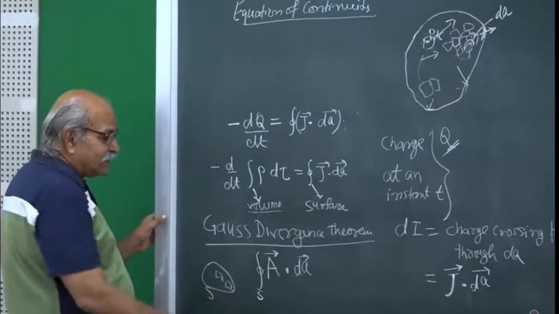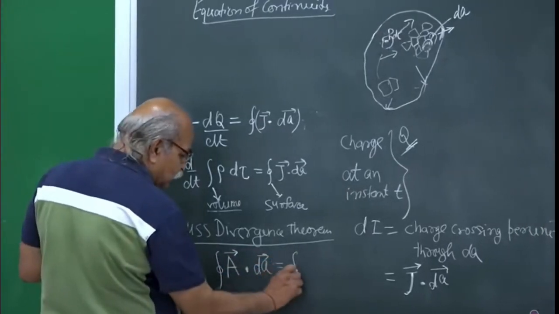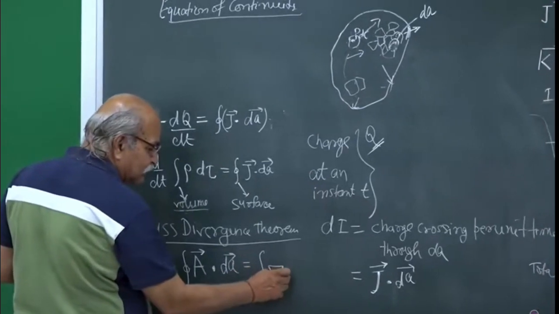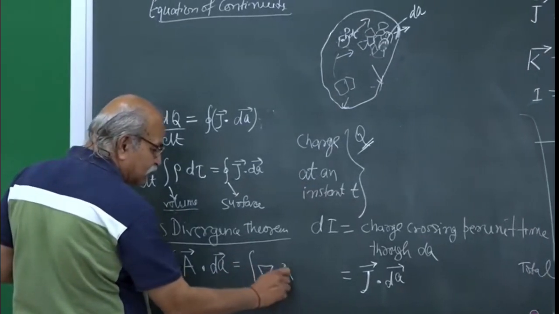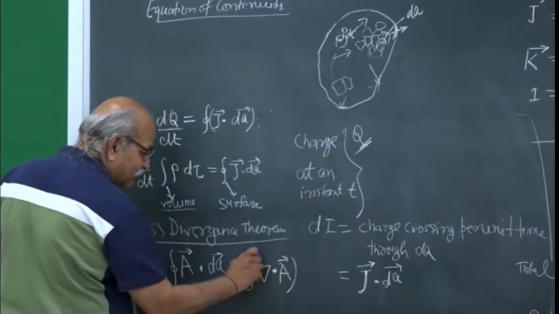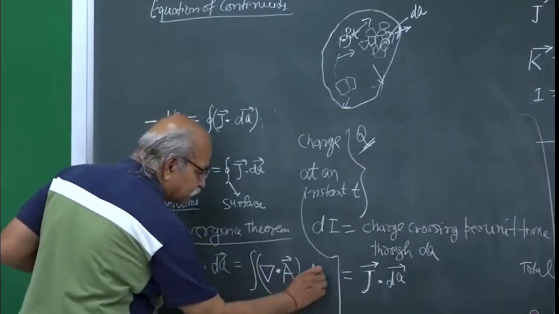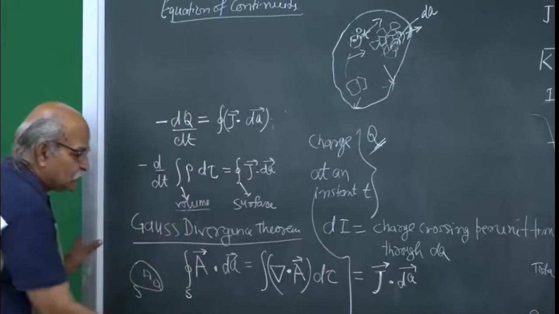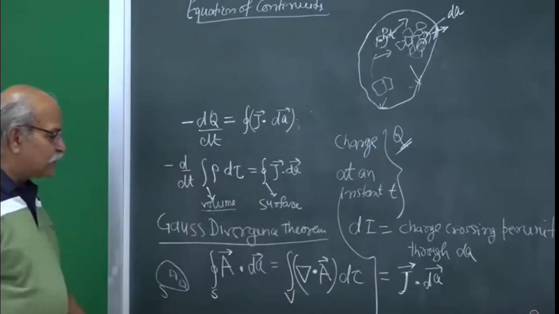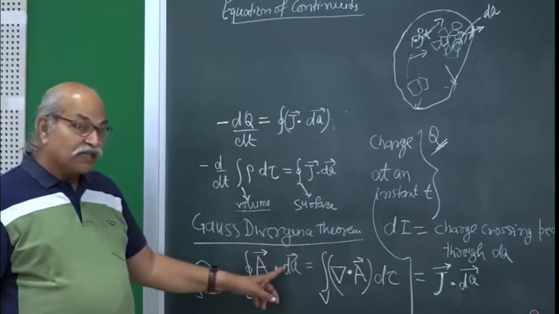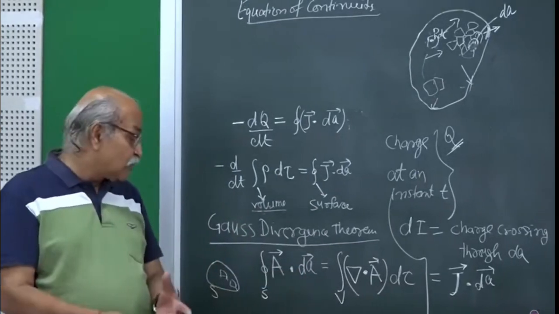And on the other side you write the divergence of A. We give this symbol, divergence of A, and then d tau, volume. This is to be integrated over a volume, and this is to be integrated over the surface area enclosing that volume.